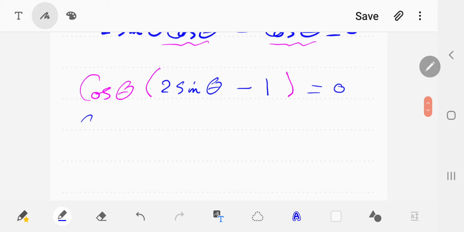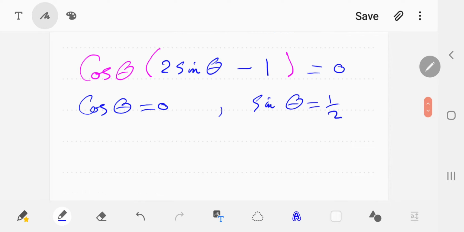Now it's either cosine theta equals 0 or sine theta equals half. Well, the numbers that I'm using are giving me special angles, but it's not necessary to be special angle. Even if you got, for example, 0.1, you can use a calculator to get the reference angle by using sine inverse.